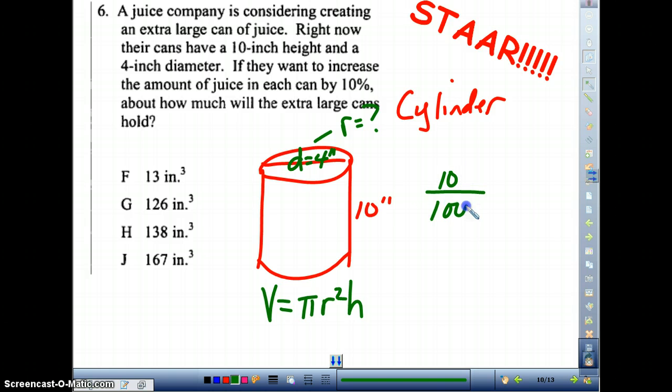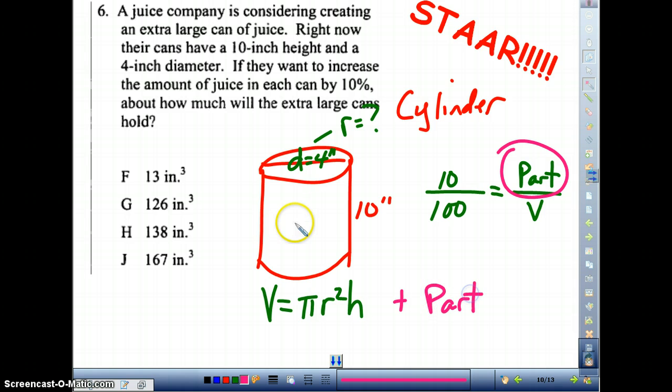10 out of 100 equals the part that we're adding on over our original, whatever this volume is right here. Once you find out what your 10% part is, you're going to add that onto the volume of the can that you already have.